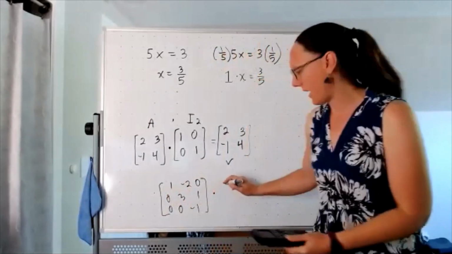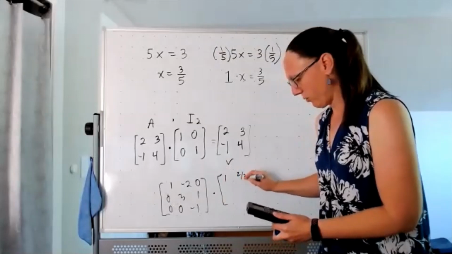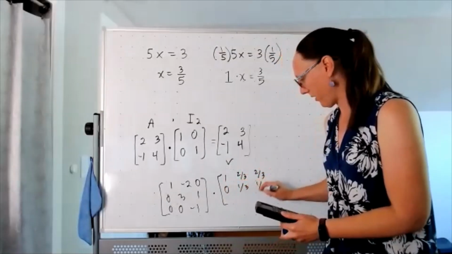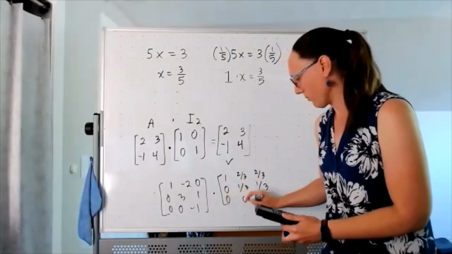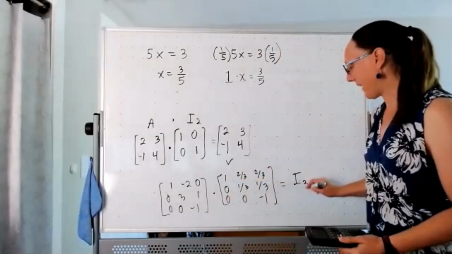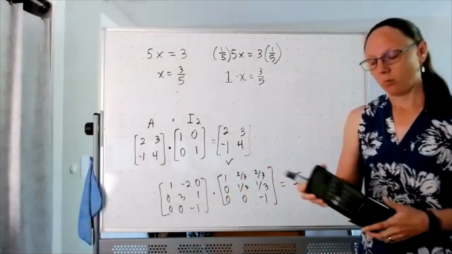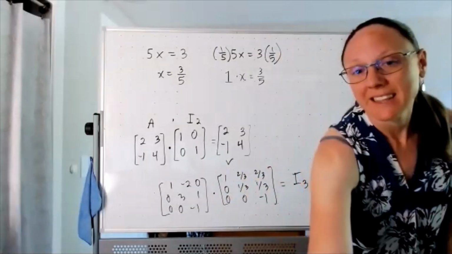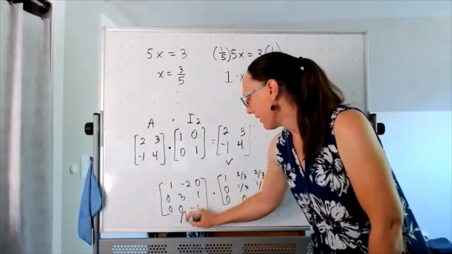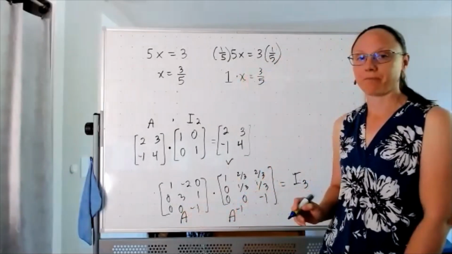And we multiplied that by the matrix 1, 2/3, 2/3, 0, 1/3, 1/3, 0, 0, -1. And what we got back as an answer was the identity matrix. Well, what that means is that if I called this matrix A, then this matrix is A inverse.